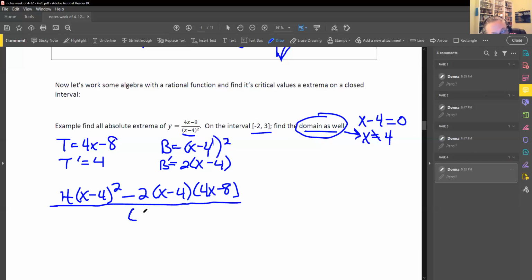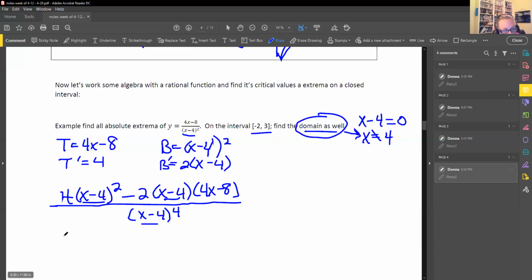x minus 4 squared, squared, is x minus 4 to the 4th. Now I left things factored for a reason. You see that x minus 4 is a common factor, so I can take out one of those, and I want to do that. One of the tips when you're working with quotients like this: don't multiply them out, because you're going to get cubics and just gross stuff sometimes. It's better to factor stuff out first.